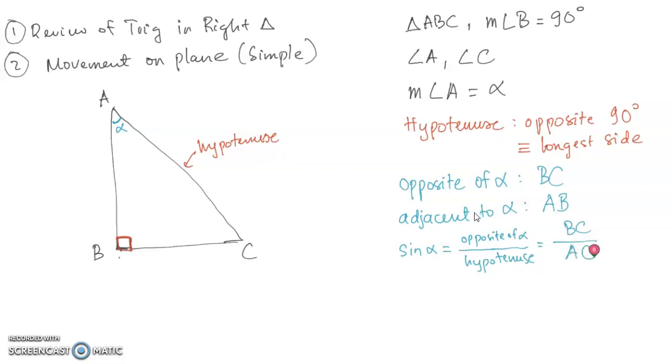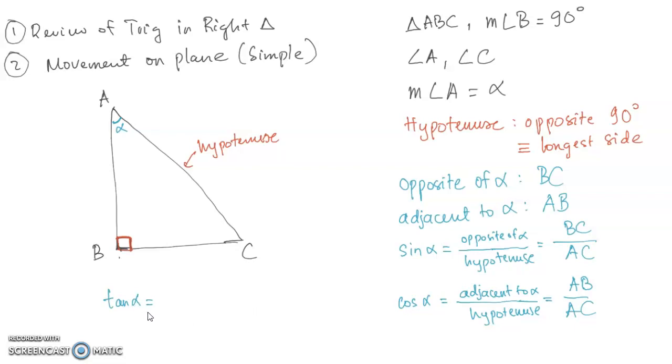All right. Now cosine of alpha is adjacent to alpha divided by the hypotenuse. Adjacent to alpha is AB, and the hypotenuse is AC. Then let's say we have tangent. For sine, cosine, tangent, you always have to identify the angle associated with it.